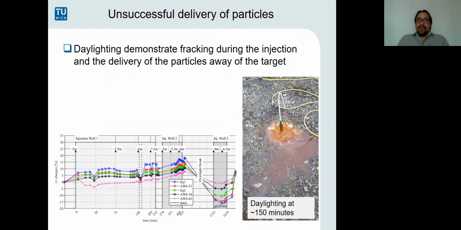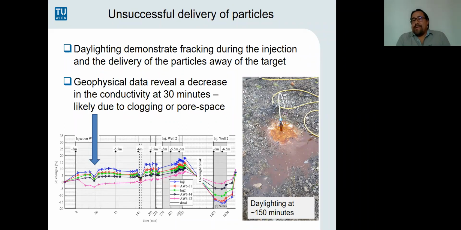However, at 30 minutes, the conductivity changes. And we interpret this change as associated with clogging. So the particles were being delivered, they were clogging next to the injection point, and kept accumulating. And that's why at 140 minutes, the fracking develops and the particles are pushed into the subsurface.